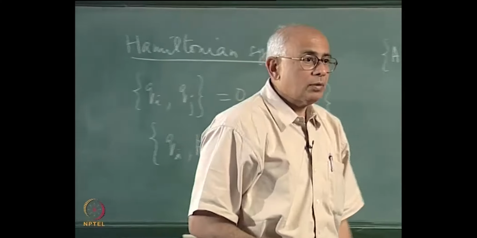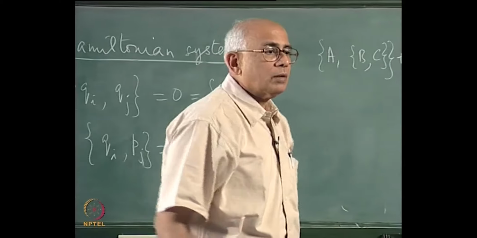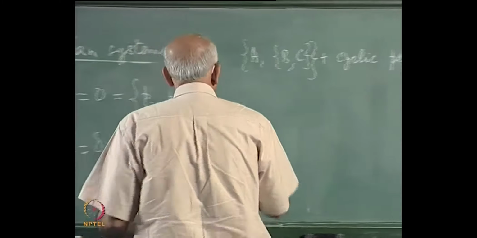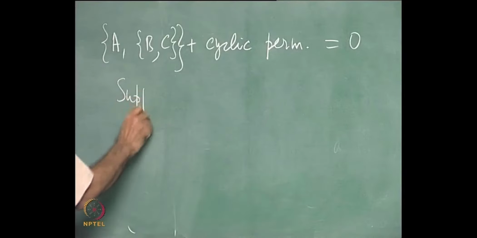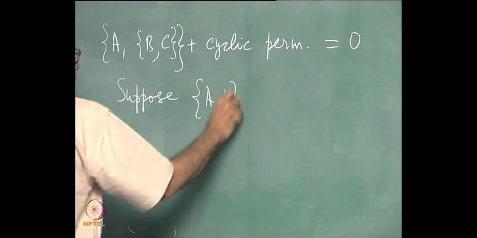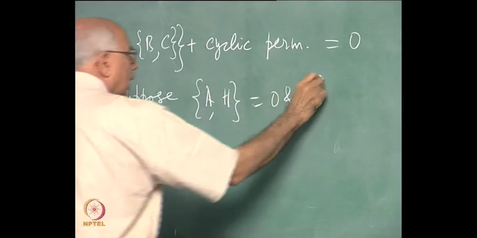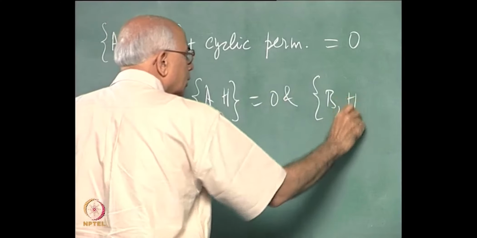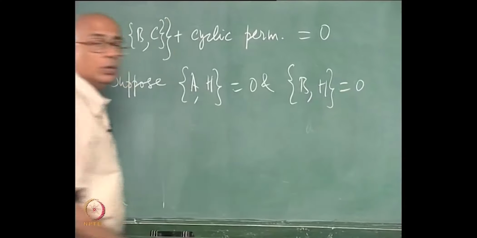Now suppose you discover that A and B are constants of the motion. So suppose the Poisson bracket of A with H is 0 and that of B with H is also equal to 0.